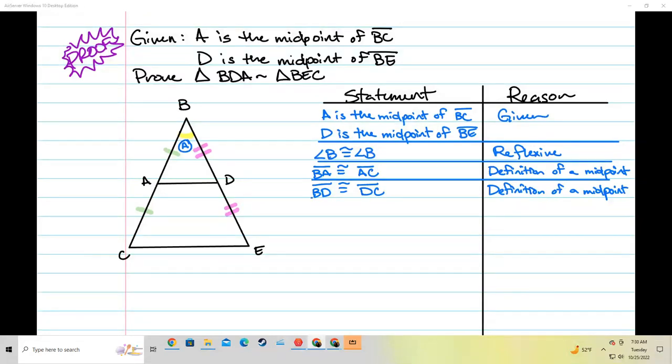Now, here is where, unfortunately, with proofs, we have to be very, very careful with the way we write them. Let's just spit out some facts. I know that these two segments are going to be equal in distance because they are congruent.